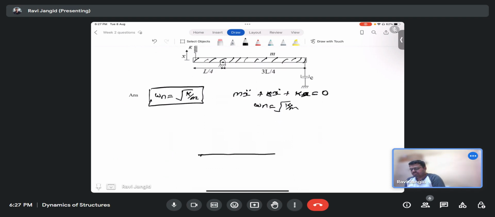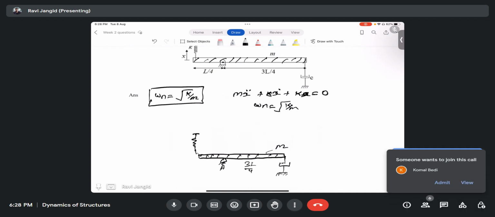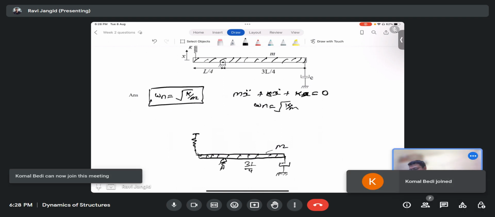There is a beam which is hinged at some point, let us suppose A, and the mass of the bar is m, which is uniformly distributed. We have a damper at 3L by 4, and a stiffness applied at L by 4.